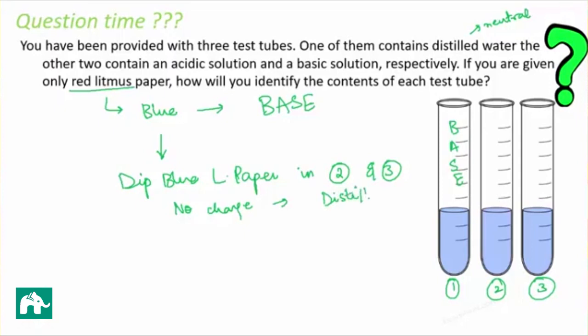Let us suppose that in test tube 2, there is no change in color. That means that is distilled water and is neutral. And therefore in the last one, we will definitely see a change in color, it will turn the blue litmus to red. So that's going to be acidic. In this fashion, we can determine which is acid, which is base, and which is neutral.